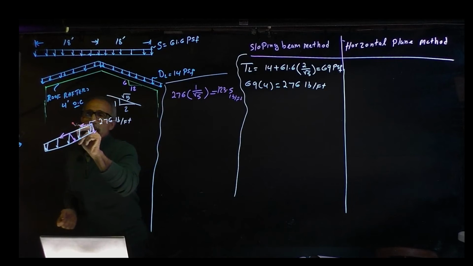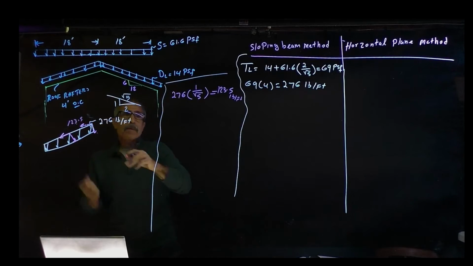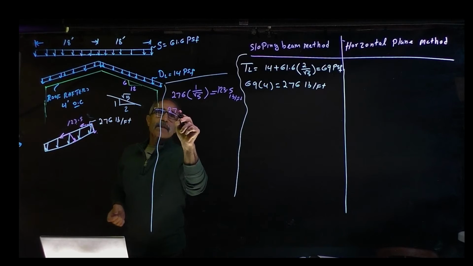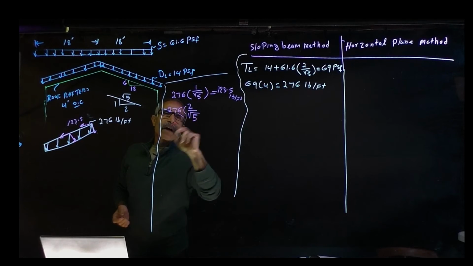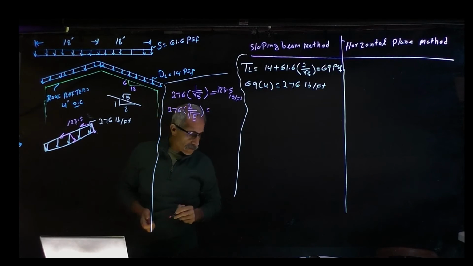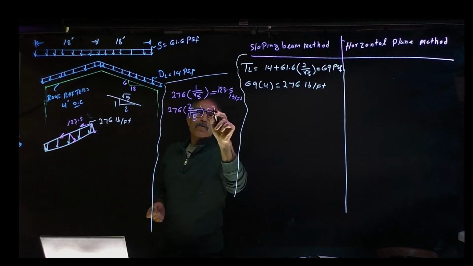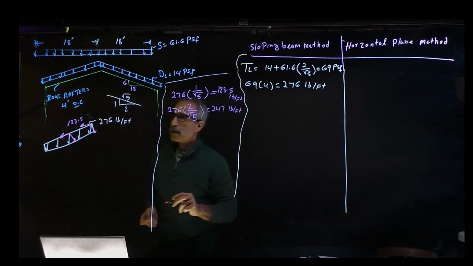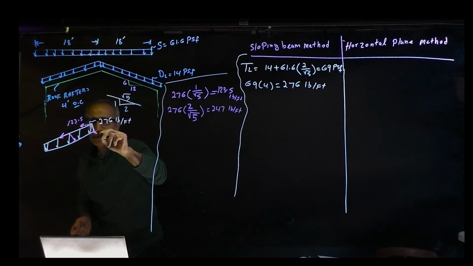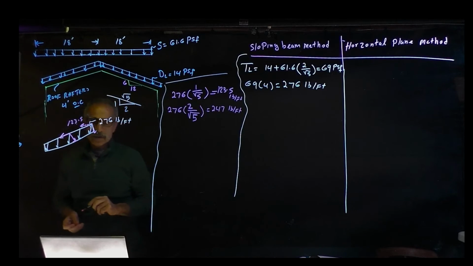That's this one right here, 123.5, the parallel. To get the perpendicular, it's 276 times 2 divided by square root of 5, which is equal to 247 pounds per foot. So that perpendicular force is 247.